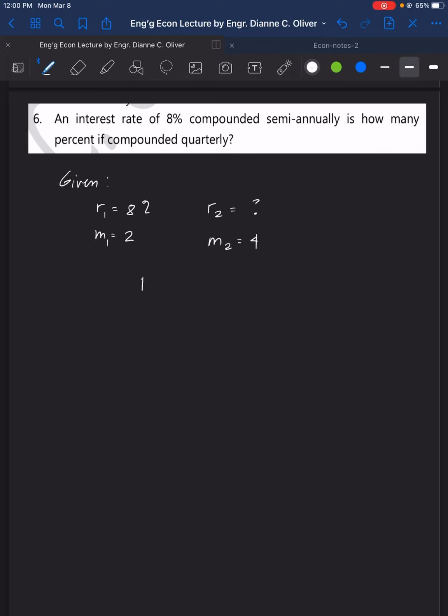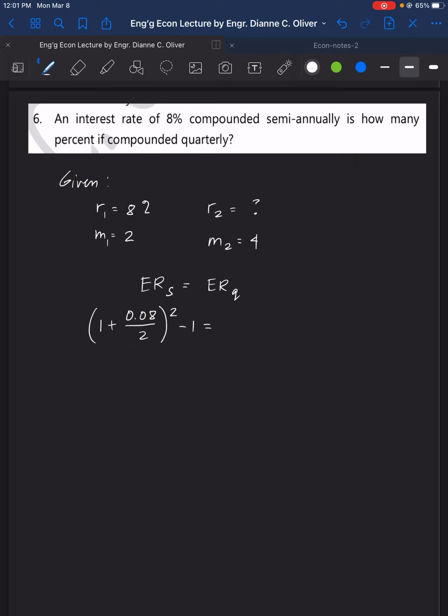So we will be using the comparison of ER sub S, the ER compounded semi-annually, and then ER of quarterly, sub Q. So ERS, we have here the formula 1 plus R for semi-annually, 0.08 divided by 2, raised to the power of 2, minus 1.